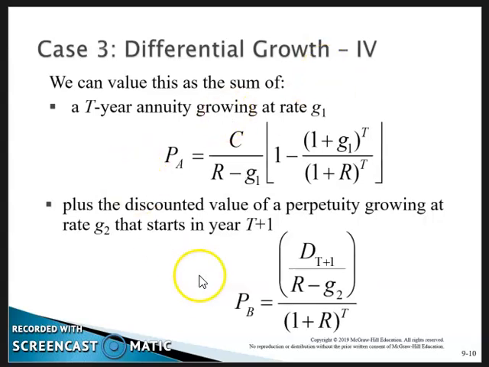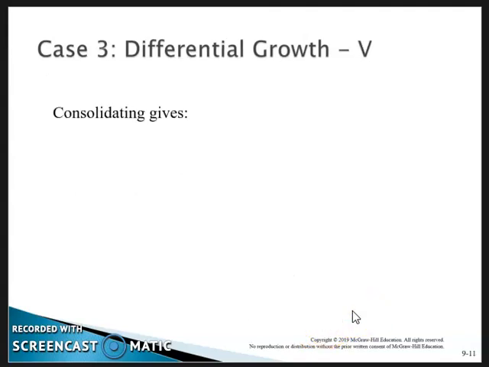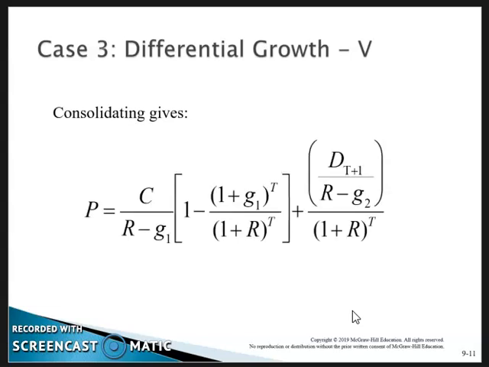So the price of the perpetuity is we take the constant growth model, so the dividend at that point in the future divided by the required rate of return minus G2, or the second growth rate, and then we take that value and present value it back at the required rate of return for however many periods we have. So this gives us a whole formula. You've probably seen this formula.